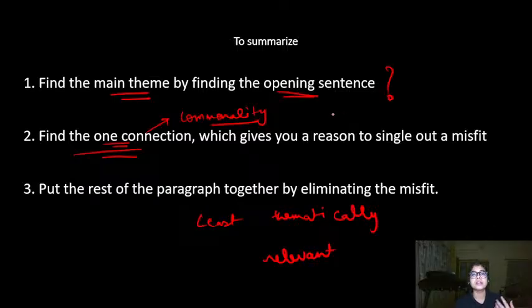How? Certain conjunctions are going to oppose the same commonality. So it is going to contradict that and going to give you something new. You can be given "also," and then again, you will be given something new. So this is how odd sentence is found. It will be least thematically compatible. And then last, put the rest of the paragraph together by eliminating the misfit.